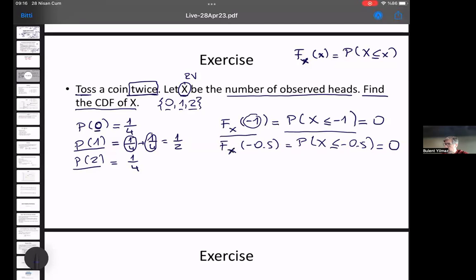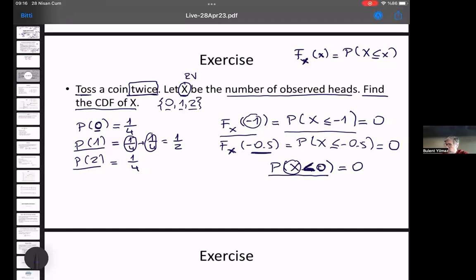So if x is less than 0, the probability of X being less than 0 is always 0. The probability of obtaining no heads less than 0 is always 0.